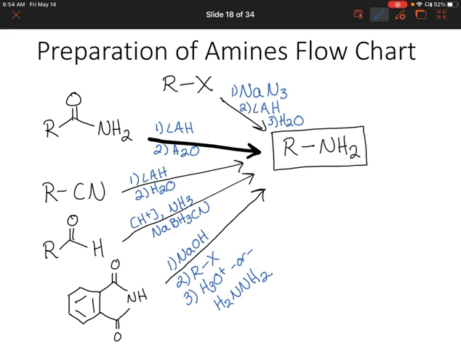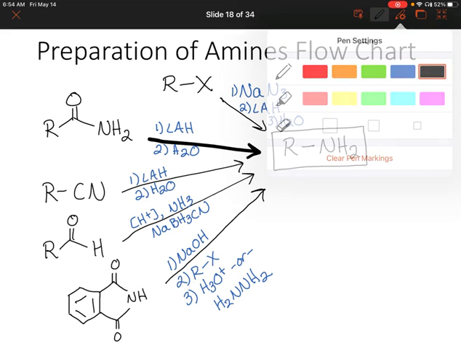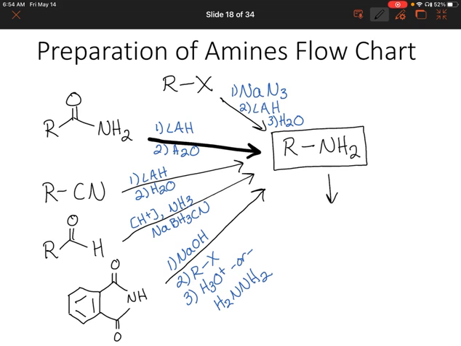Okay, so once we have our primary amine, what if we wanted to make a secondary amine? What reagents could we use? Well, we could do reductive amination again, but we're just using, oh, sorry, I don't know why I put an extra carbon in here.